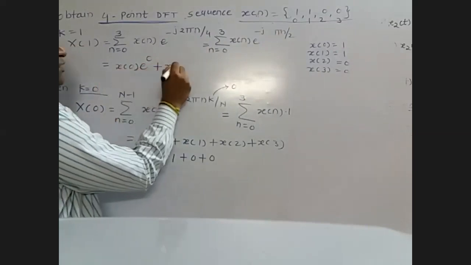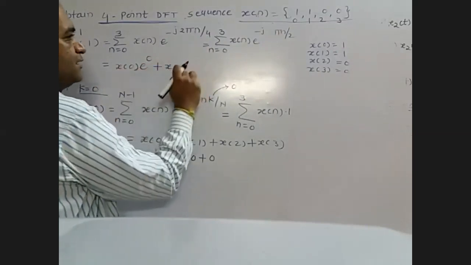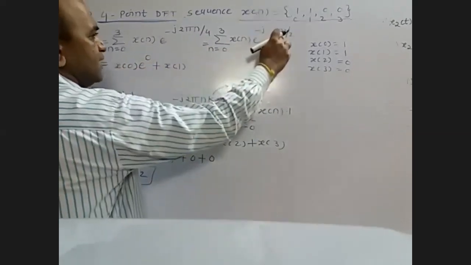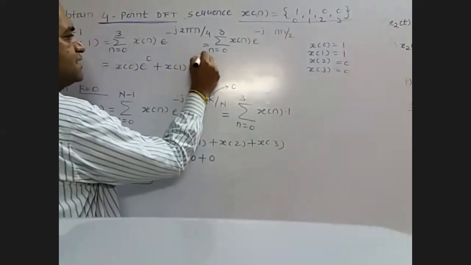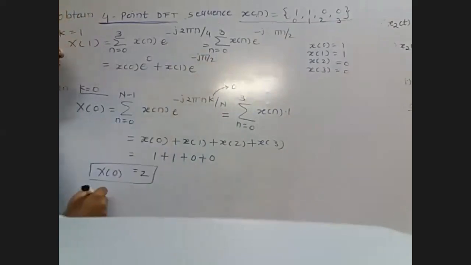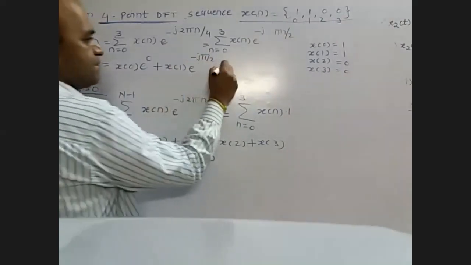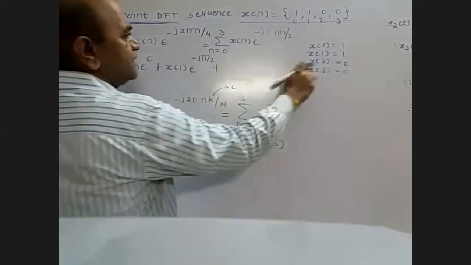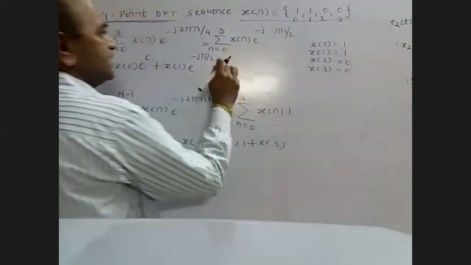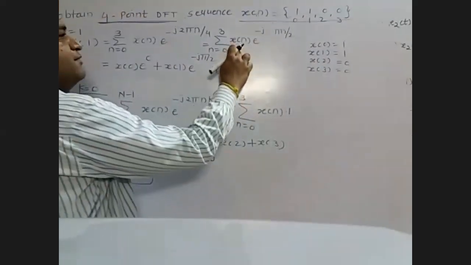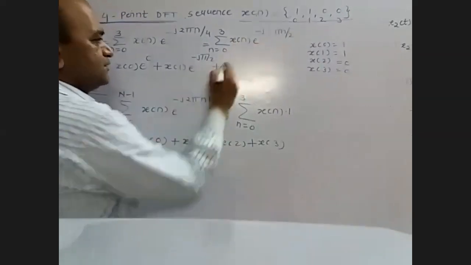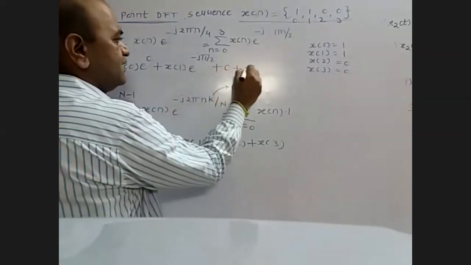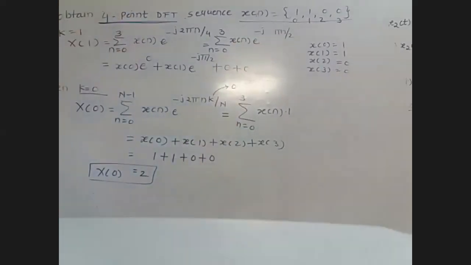Plus x of 1: here the value of n is 1, so it becomes pi by 2, giving e raised to minus j pi by 2. Plus x of 2 is 0 and x of 3 is 0, so I am directly writing 0 plus 0.